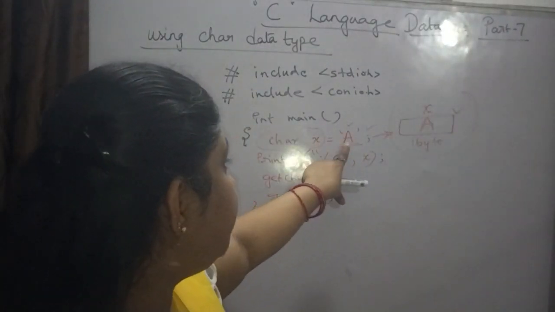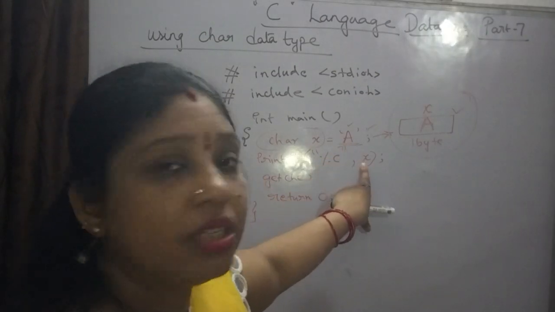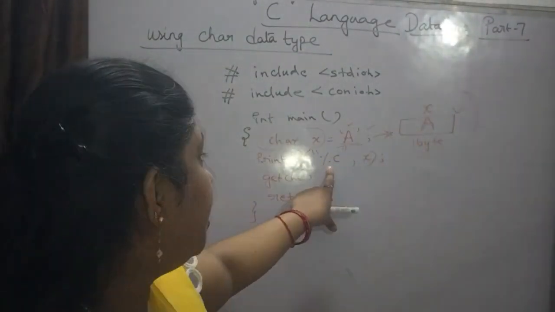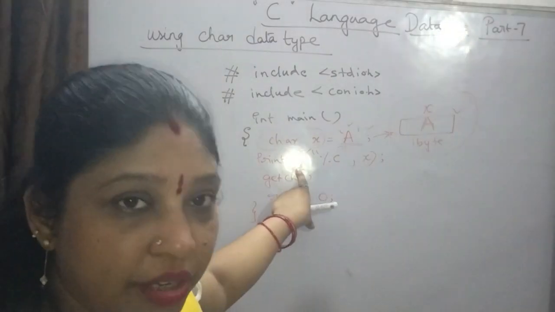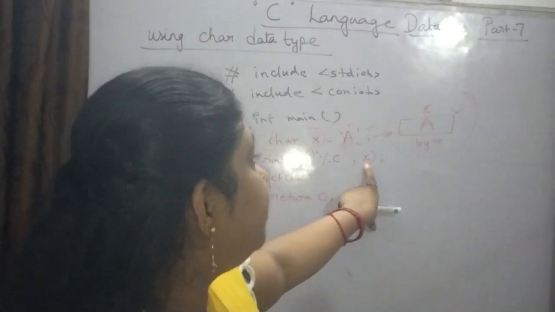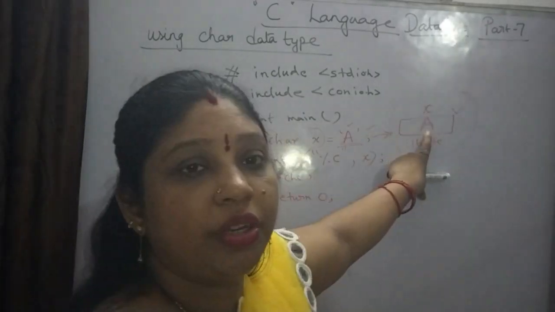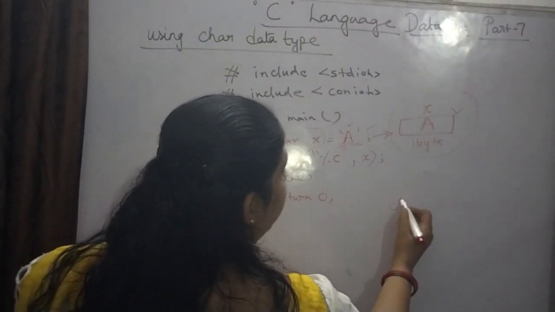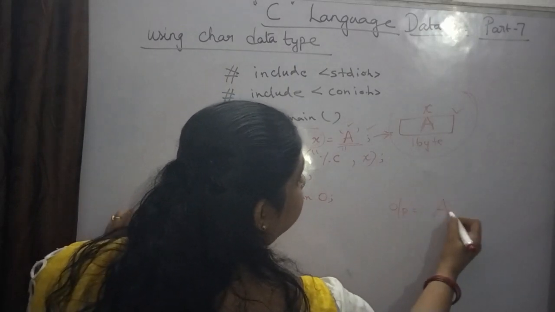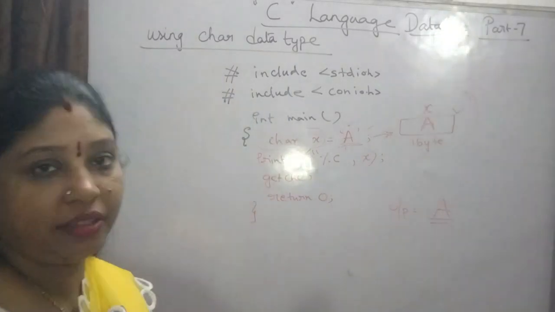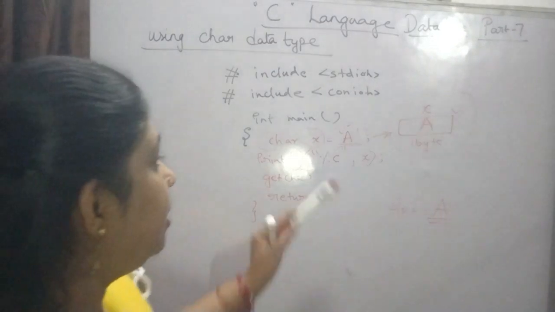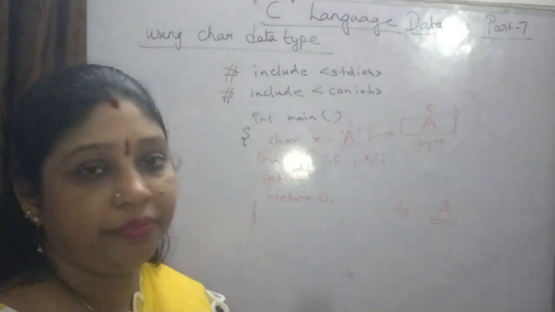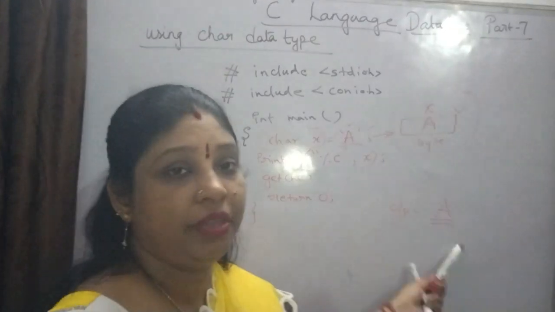This printf statement will retrieve the value of x from this storage, and it will display the output like this. Okay, the output will be like this. So this is about the char. If you give %c, it will give the character A.